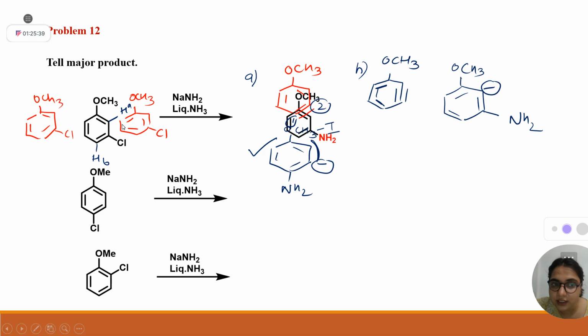Therefore, this is more acidic. If it is acidic, benzyne will form like this. Okay? Then there are two possibilities. NH2 can attack here, or NH2 can attack here. If it is attacking here, the negative charge will be near OCH3. That can stabilize it. Therefore, this is major. Now understood?